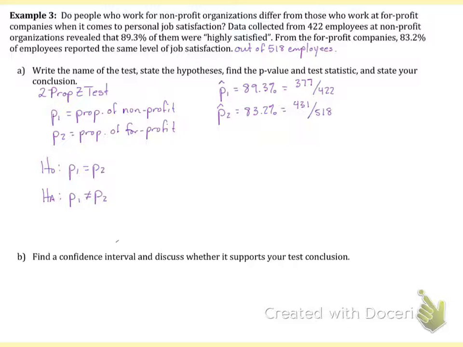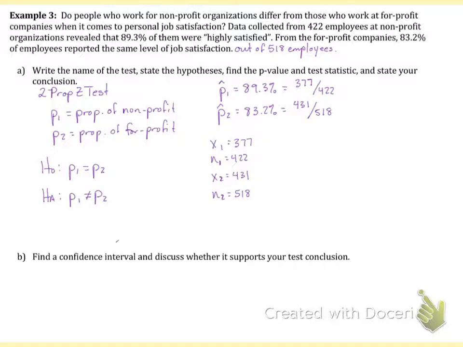And remember that when you're performing these tests, you need to have whole numbers with your fractions here. So if I go to Stat and Tests, and we are doing a 2-prop z-test, which is number 6, then x1 is going to be the 377, n1 is going to be 422, x2 is going to be 431, and n2 is going to be 518.